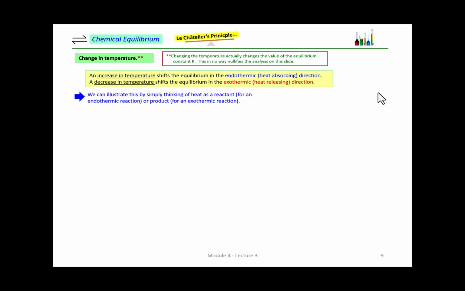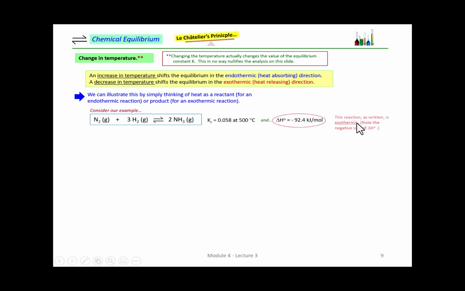Let's go back and look at our Haber process, the production of ammonia. We remind ourselves that the Kc is small, but more importantly, we remind ourselves that this is an exothermic reaction as written. And when we say that, we mean going from left to right, that heat is released. It's an exothermic reaction.